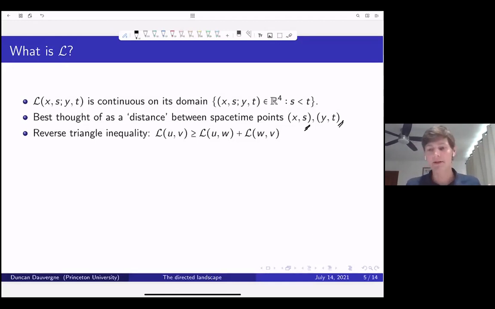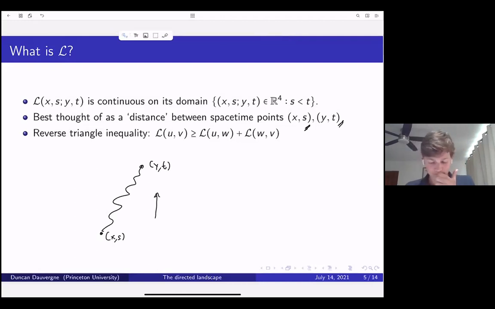Okay, but all this is really to say it's best to think of this just as a random metric on the space-time plane where you're only allowed to go in one direction. So you have points xs and yt, and you can define paths and geodesics which will move forward in time in this way.